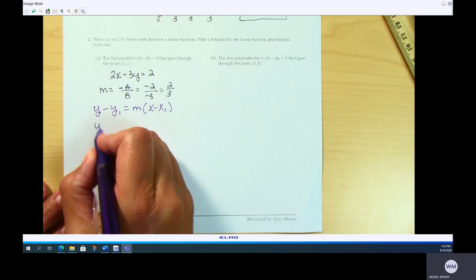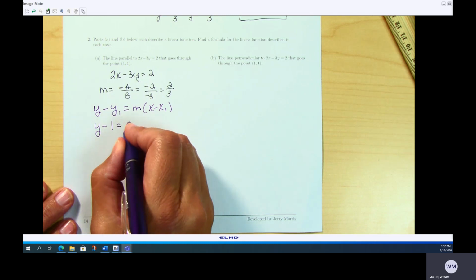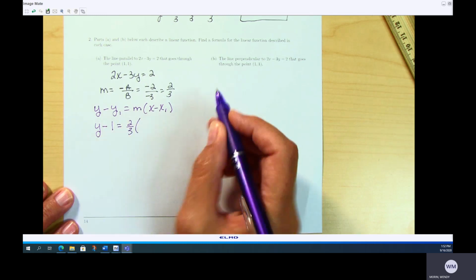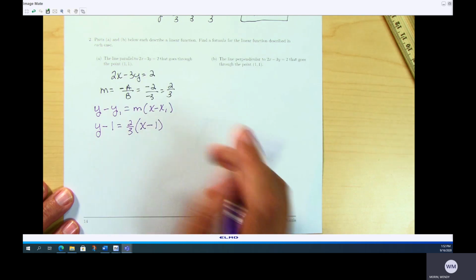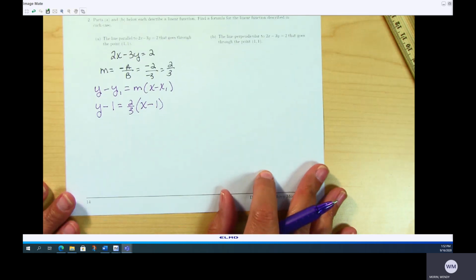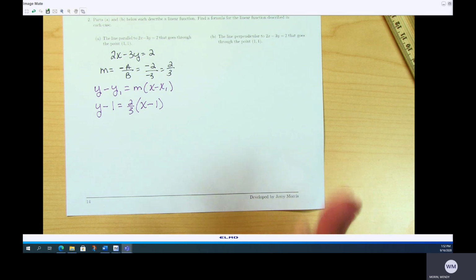So in this case, y minus our given y value is 1. The slope is 2/3. X minus our given x value is 1. And that is the point-slope form of the line, which is acceptable if that's what they ask you for.